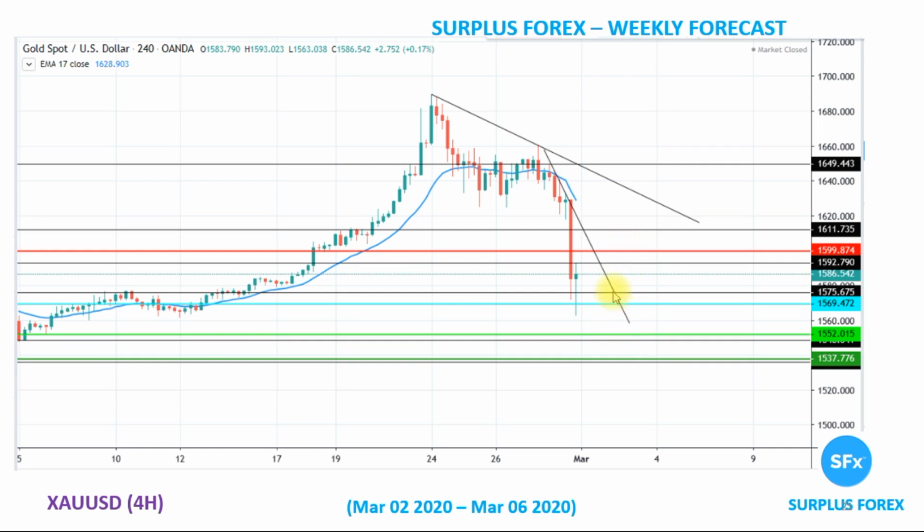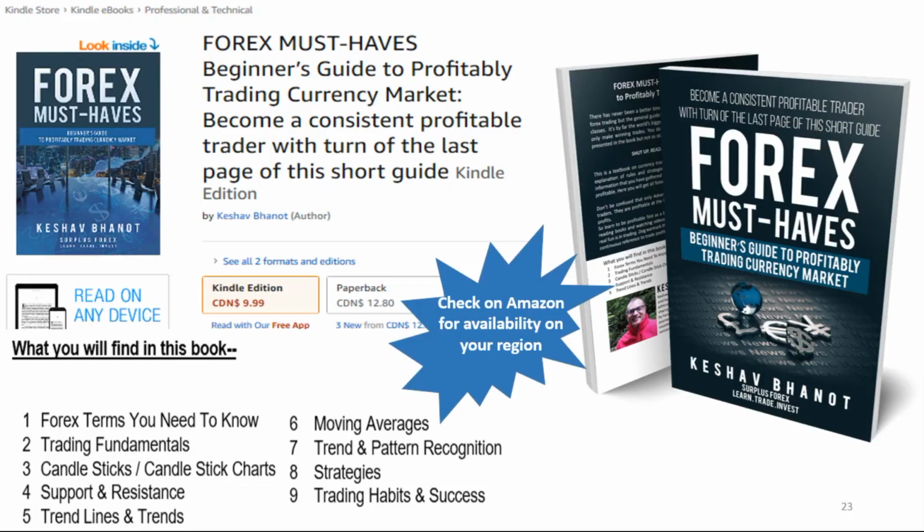So once it falls below 15.75, I'm keeping my entry close to 15.69 and keeping my first target at 15.52, second target at 15.37, whereas I'm keeping my stop loss at 15.99.